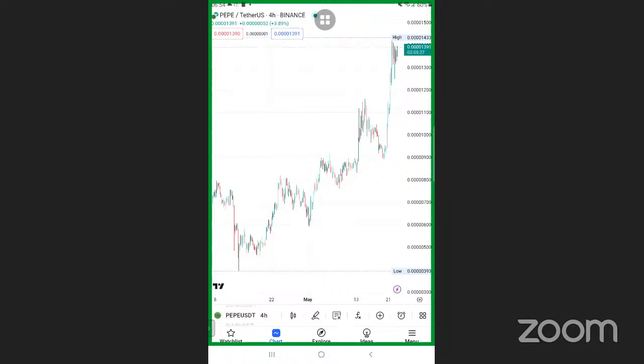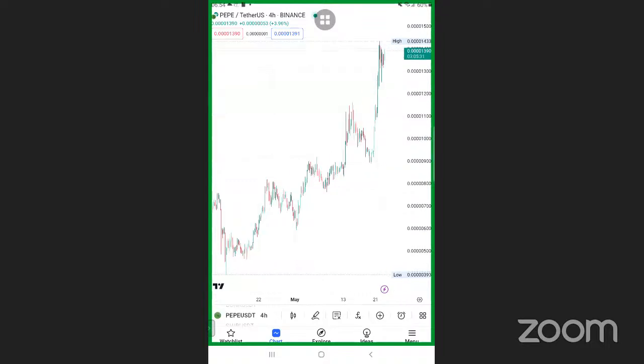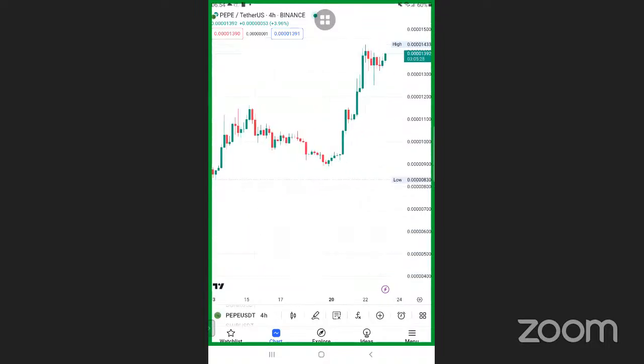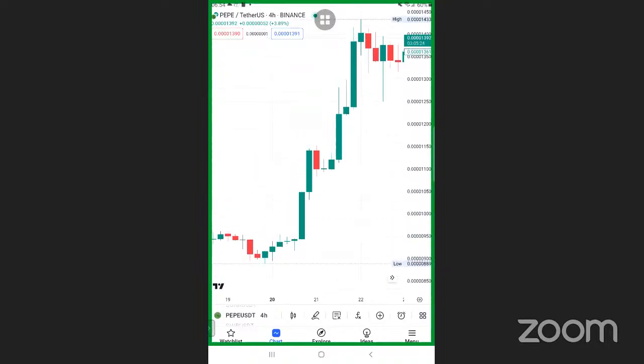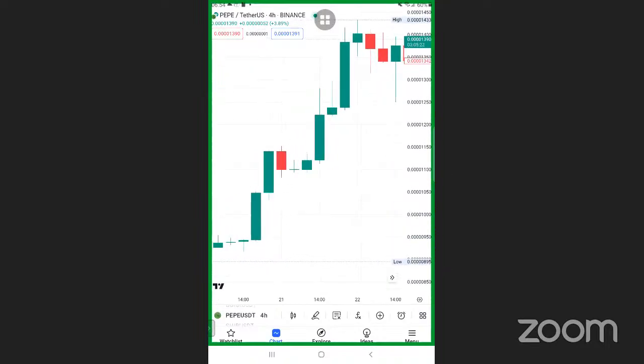All right, so when it comes to candles, let me open this a little bit bigger. Now, we want to use candles to analyze the behavior of buyers and sellers.